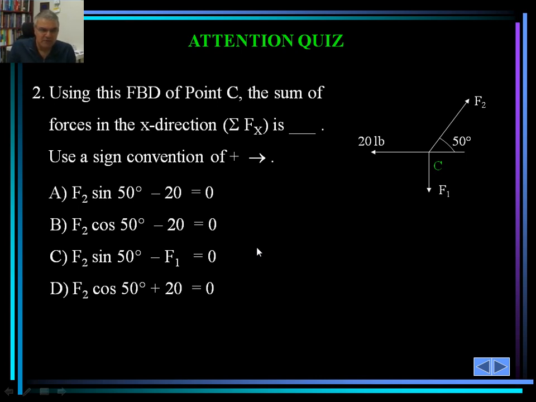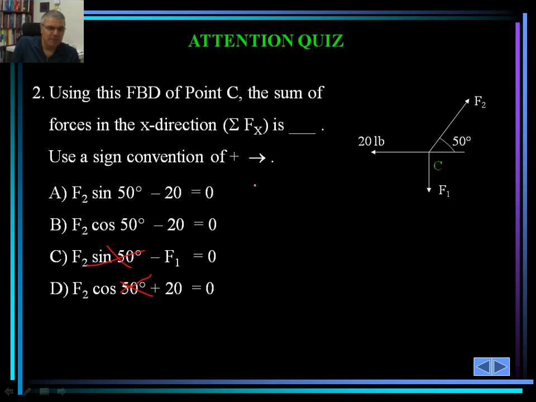F sub 2 cosine of 50 degrees minus 20 is 0? F sub 2 sine of 50 degrees minus F1 is 0? F sub 2 cosine of 50 plus 20 is 0? First of all, the direction of the 20 is negative. So right away we would eliminate this answer, and we also eliminate this one. We're left with 2 more answers.